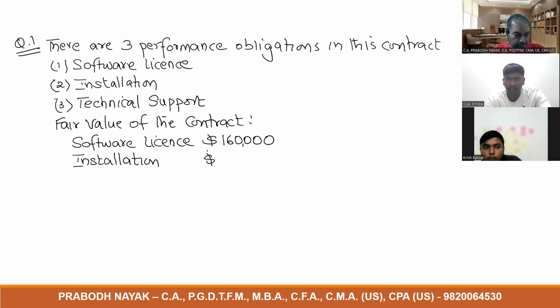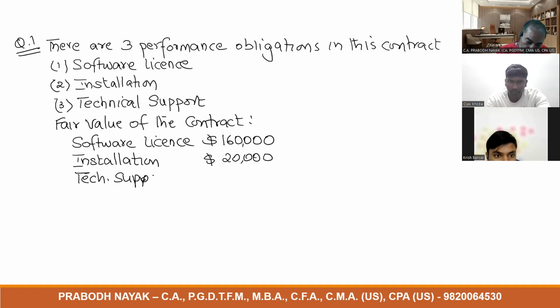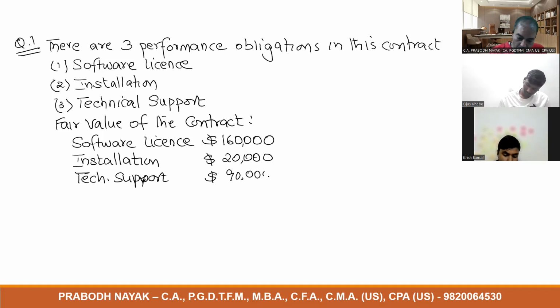Sir, 20,000. And how much for technical support? Sir, 30,000 per year. 30,000 per year for 3 years, 90,000. Total $2,70,000.